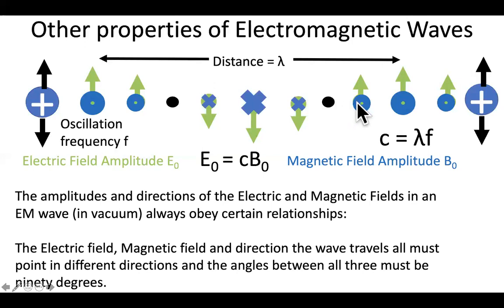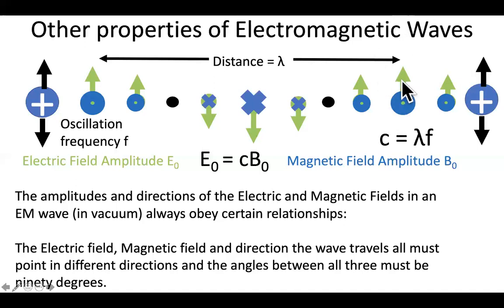So basically, if we have the wave propagating in the x-axis, and the electric field points in the y-axis, the only direction the magnetic field can point is in the z-axis. And this is, again, just a fundamental property of how these waves interact, or how the electric and magnetic fields work together to produce this wave.